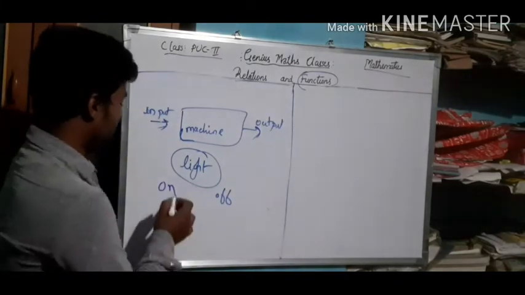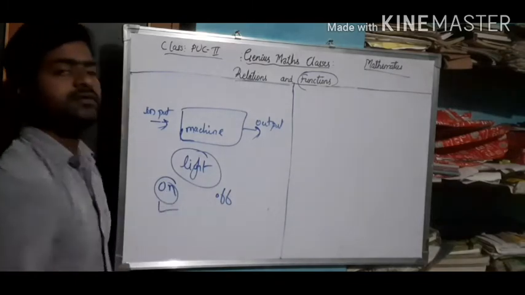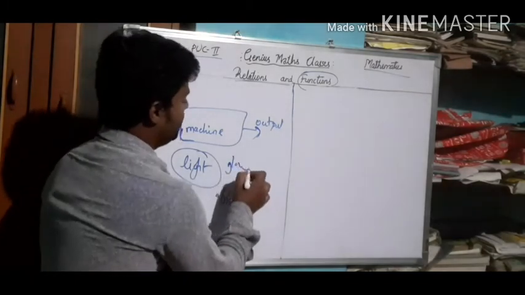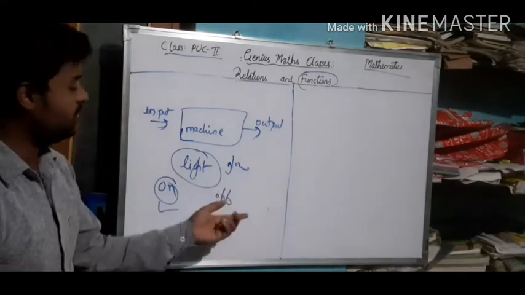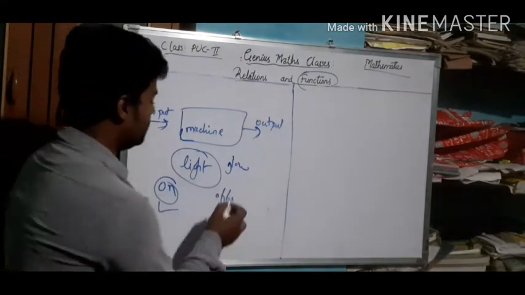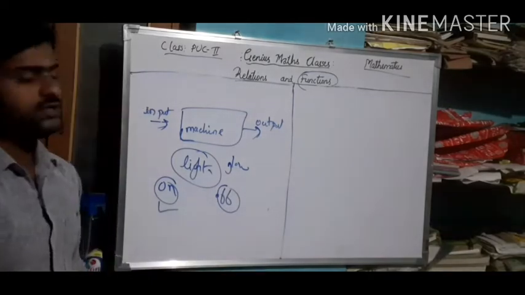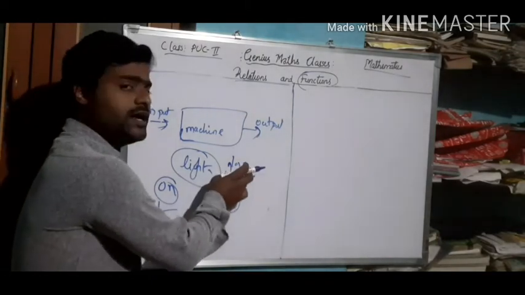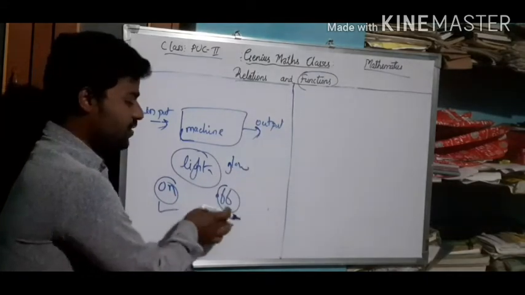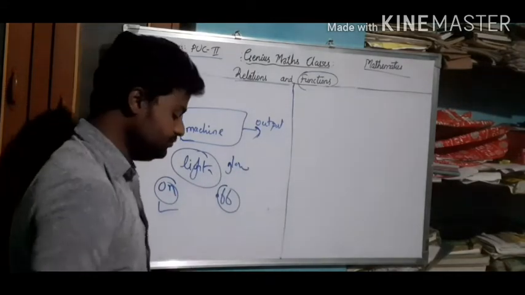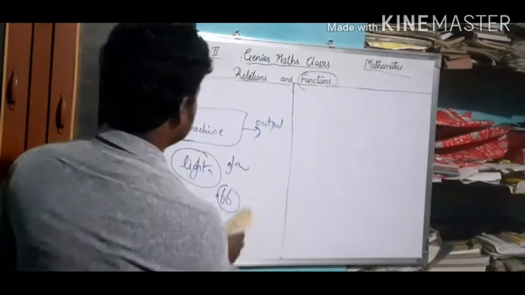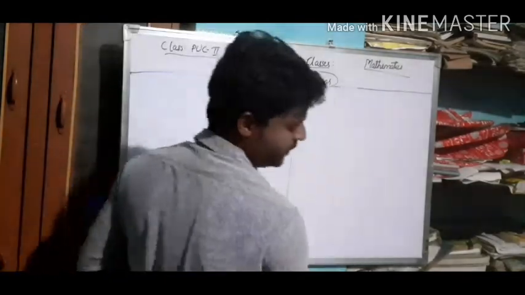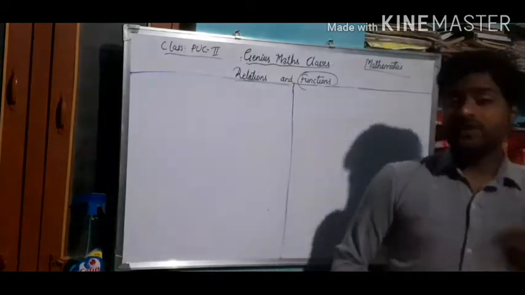If you give the input on, the light will glow. When the light is glowing, if you give the input off, then the light will go off. So this is just like a function. Here the light glowing and going off is dependent on the on and off button. This is just an introduction, and now we will go to the types of functions.